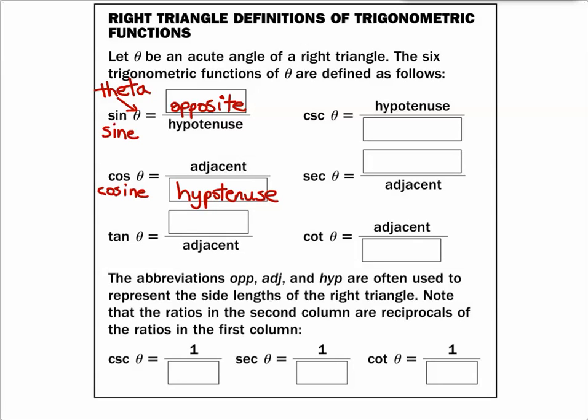And down here it says tan, that's short for tangent. The tangent of theta is the ratio of the opposite to the adjacent.